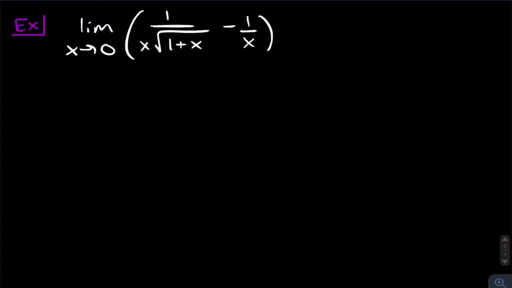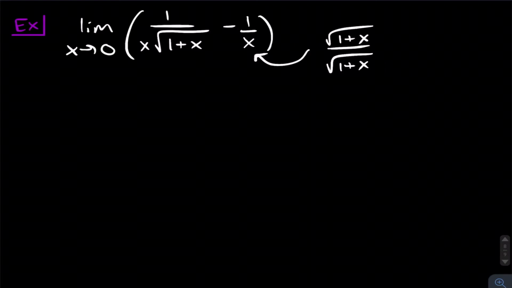We have an x times the square root of 1 plus x and just a regular x. And so all we need to do here is multiply this second term by the square root of 1 plus x over the square root of 1 plus x.